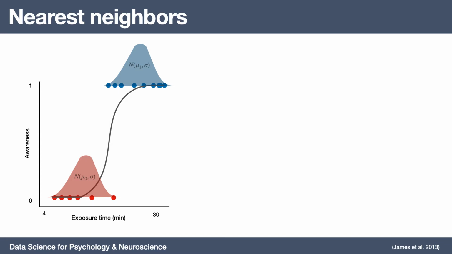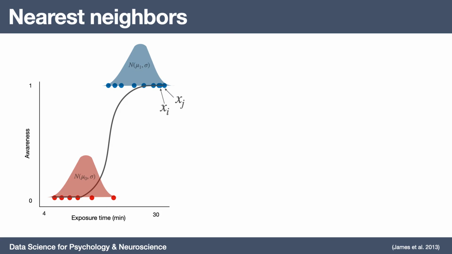Now, we've gone over parametric methods before that try to do this classification problem. K nearest neighbors is a non-parametric approach to this problem, and the logic is really simple. If you want to know what the state of any single observation of x is, it's more likely to be the same state as a near neighbor.